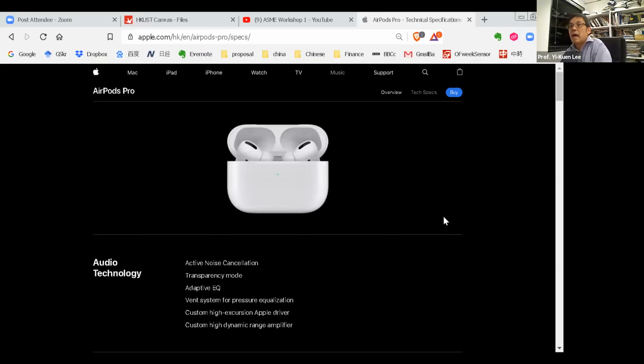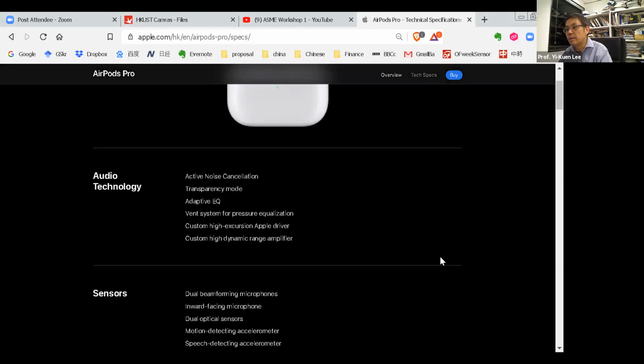So let me show you the specification. If you look at Apple's website, AirPod Pro, this headphone, even this kind of headphone has of course MEMS microphone, also has this kind of motion sensor.